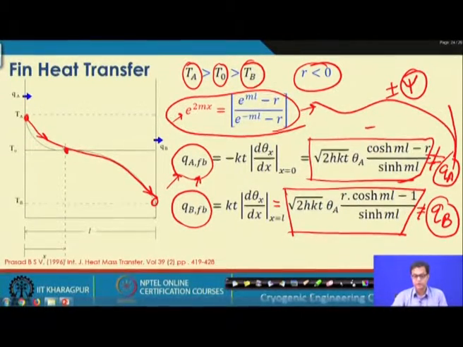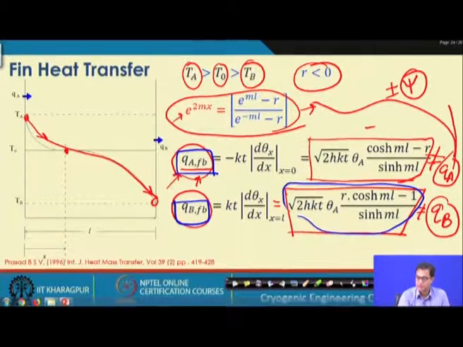This is a very common phenomenon in a multi-stream plate fin heat exchanger. So that will be taken care of automatically by this expression. We understand that this particular expression we will be using for the multi-stream plate fin heat exchanger analysis. Expression-wise, this is for the Q B fin base, and this is the expression we get for the Q A.